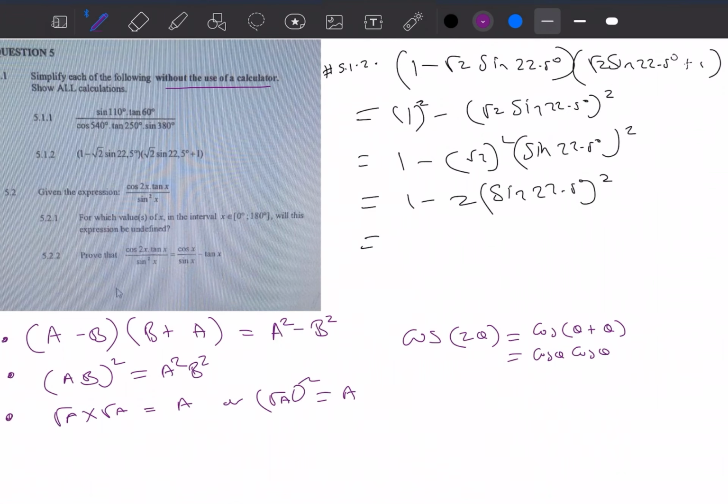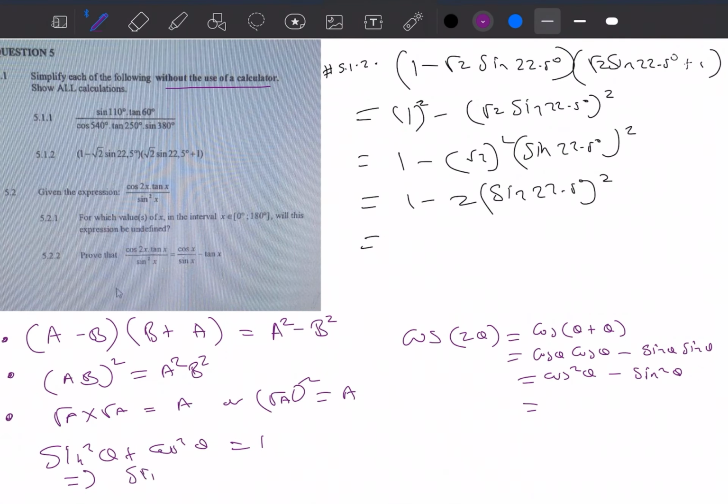So cos 2 theta is equal to cos of theta plus theta, and according to compound angles, that can be written as cos theta times cos theta minus, instead of plus, it's going to be minus now, sine theta sine theta. This is going to be cos squared theta minus sine squared theta. And we know sine squared theta plus cos squared theta is equal to 1.